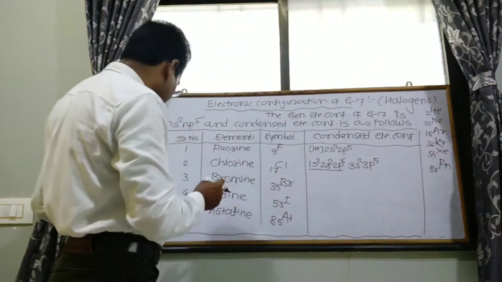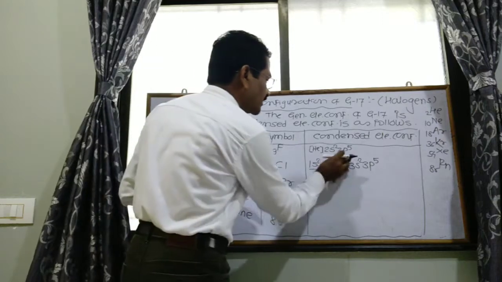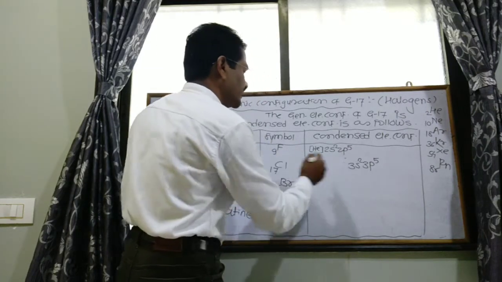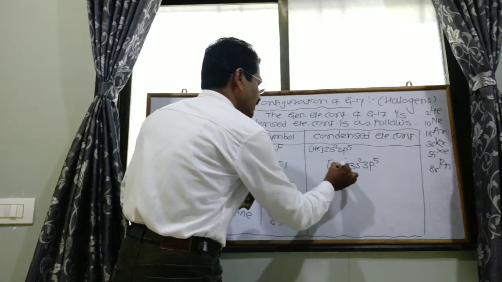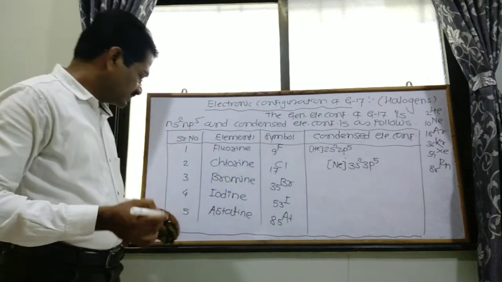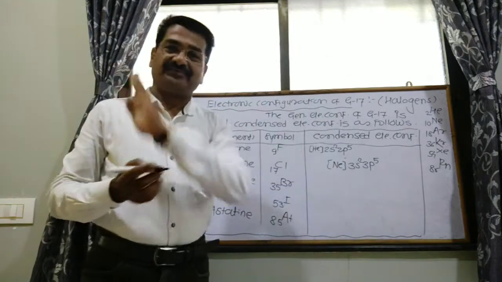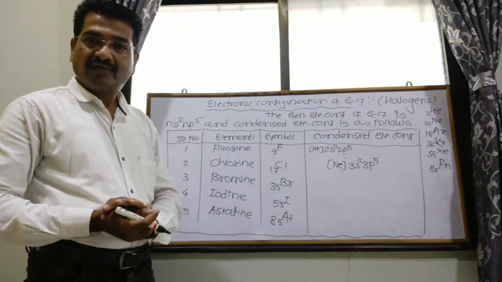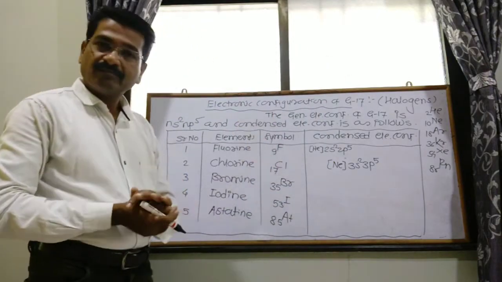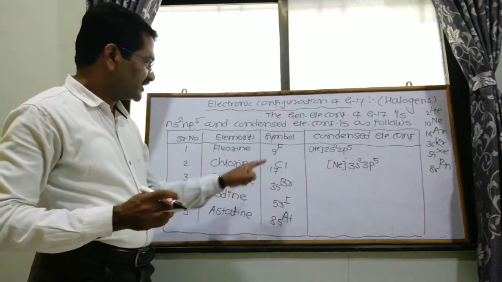So the condensed electronic configuration is neon, then after that 3s2 3p5. Likewise we get the condensed electronic configuration.